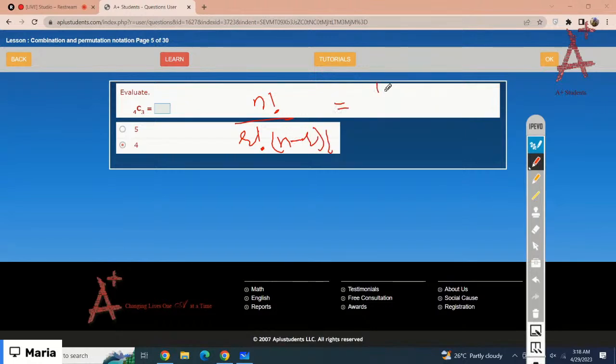So according to the formula, it would be 4 factorial over 3 factorial and 4 minus 3 factorial. So you can write it as 4 times 3 factorial over 3 factorial and 4 minus 3 is 1 factorial. So 3 factorial cancels out, and 4 over 1 makes 4. Got it? The correct option for this one is 4.